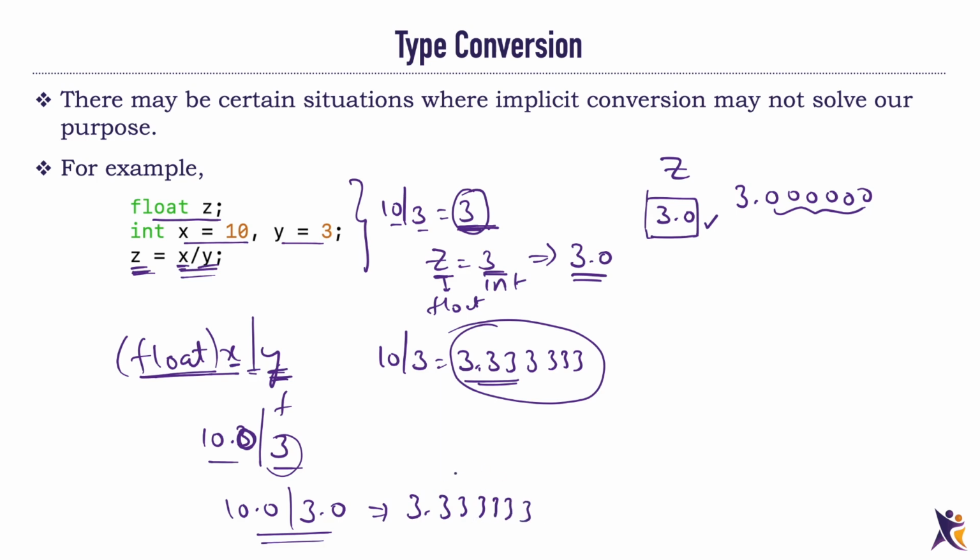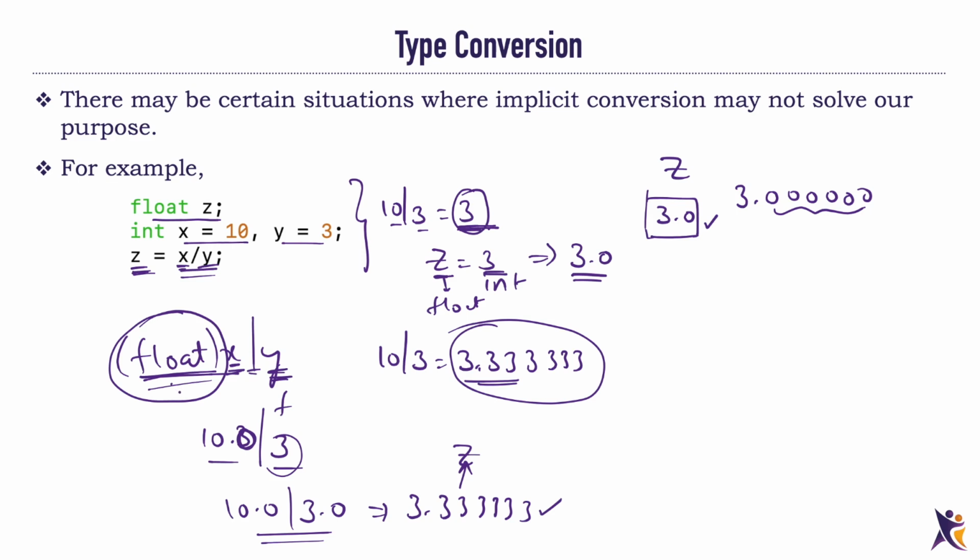This will be stored in z. So to store the correct values of the expression, sometimes you may need an explicit conversion. As a programmer, you have to specify to the compiler to consider x as float and then carry out the evaluation of this expression. Since you are explicitly telling the compiler, this is called an explicit conversion.